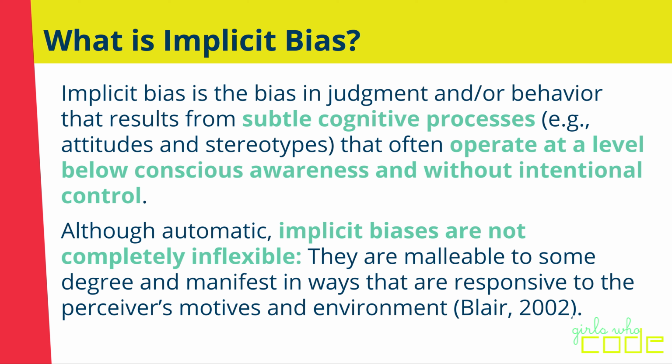Although automatic, implicit biases are not completely inflexible. They're malleable to some degree and manifest in ways that are responsive to the perceiver's motives and environment. I also want to call out that when we talk about implicit bias, you may also hear it described as unconscious bias. I want to name that those terms are interchangeable.